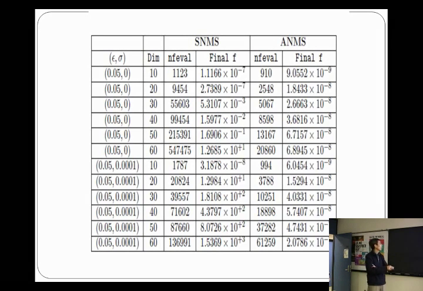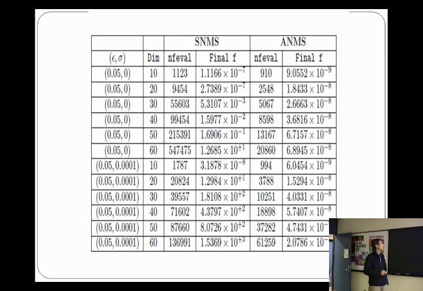But if you look at the adaptive, the new implementation, for each dimension from 10, 20, 30, 40, 50, 60 here, we get in each case quite a good approximate solution. Just look at their objective function values. We have a reasonable number of function evaluations needed here. So this table seems to indicate that the new implementation is quite promising to handle higher dimensional cases.